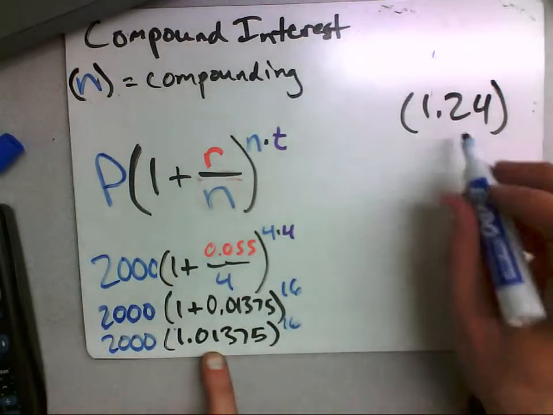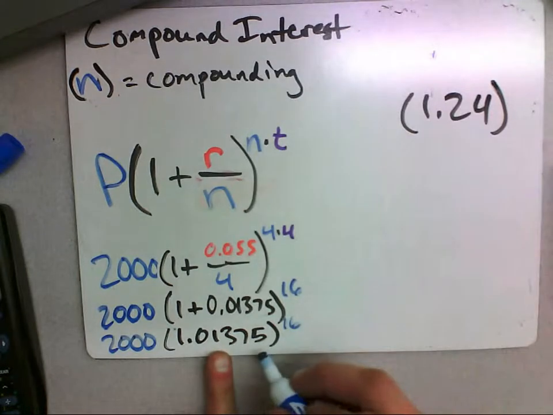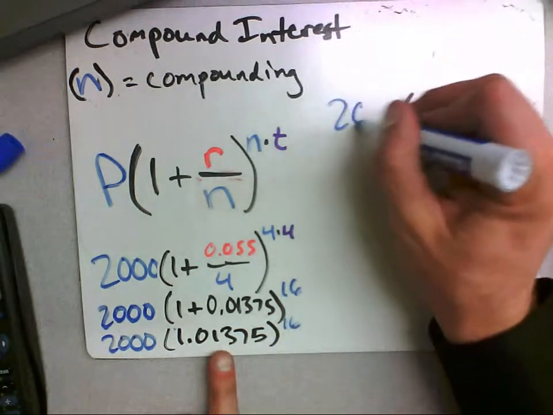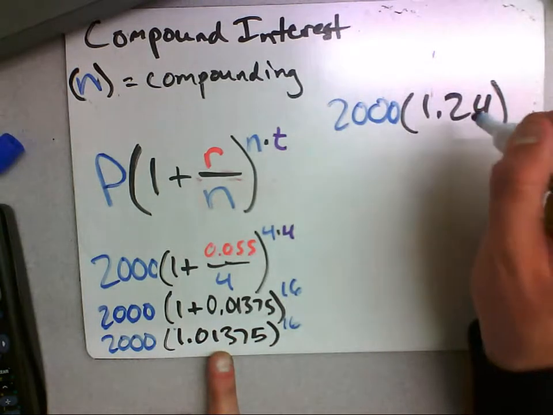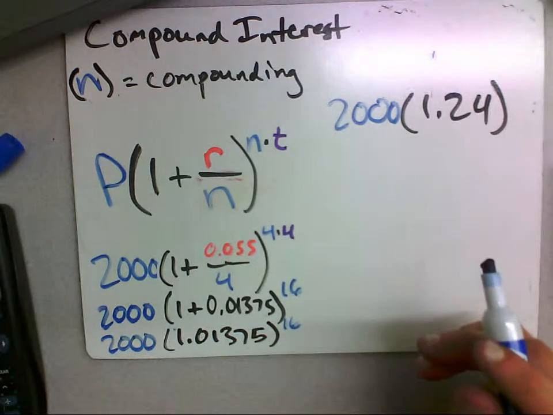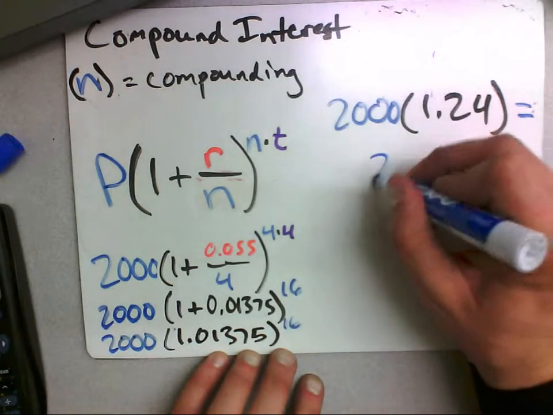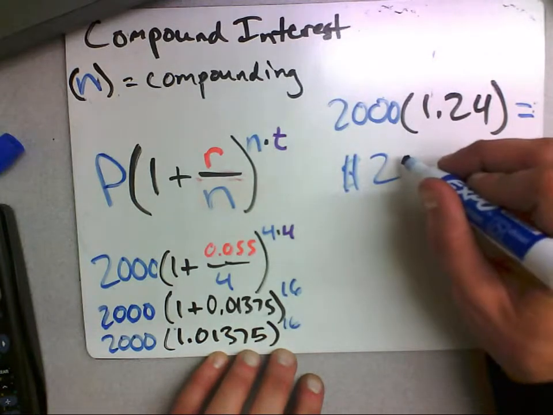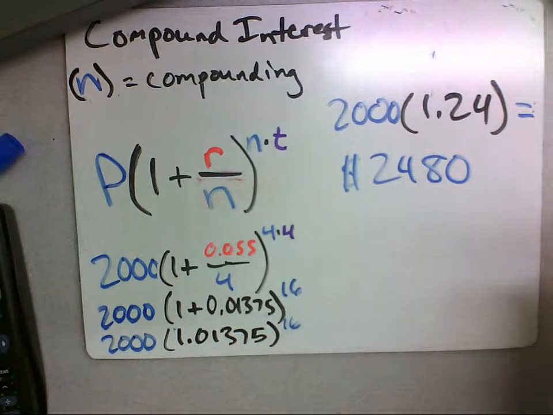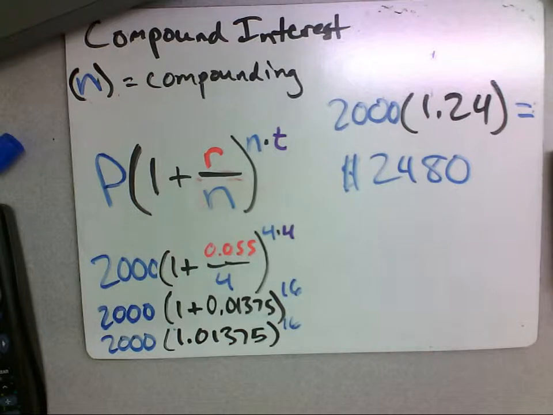So we get this little number here by multiplying this number right here. So now we've got 2,000 times 1.24, and that should give us $2,480 of compounded interest.